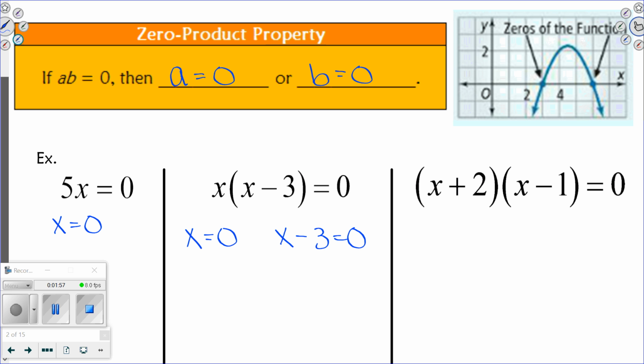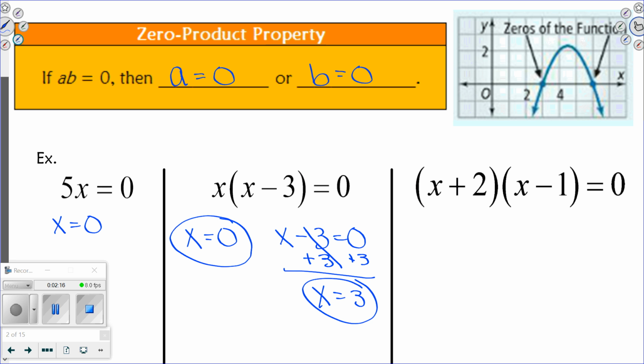This is just two big pieces, so one of them has to be 0. x equals 0 is one answer, and then I can solve this one: x equals 3 has to be the other one, because that would make one of them a 0.